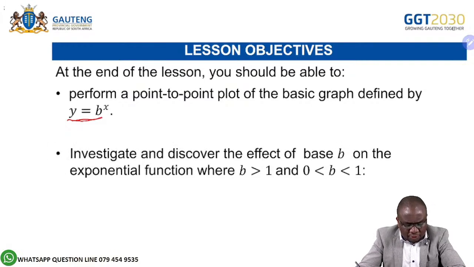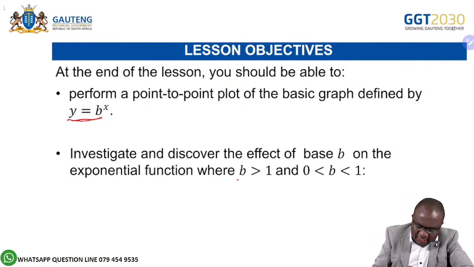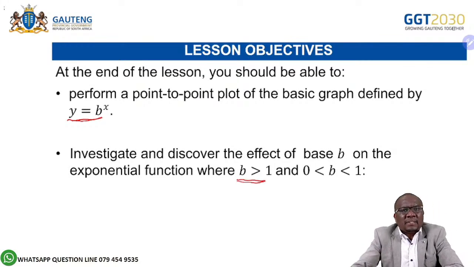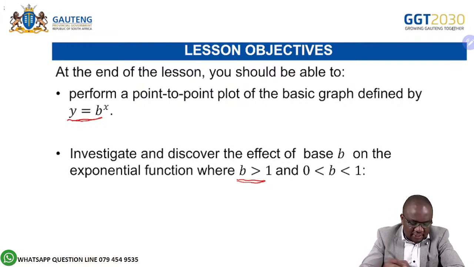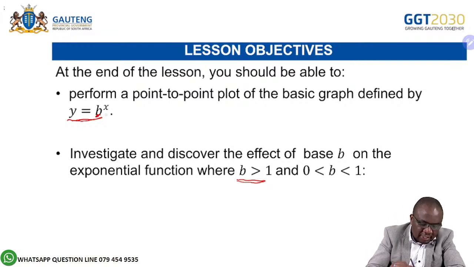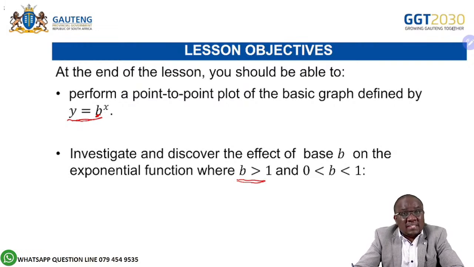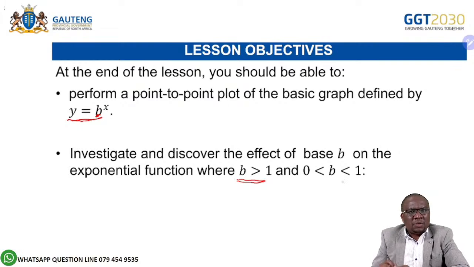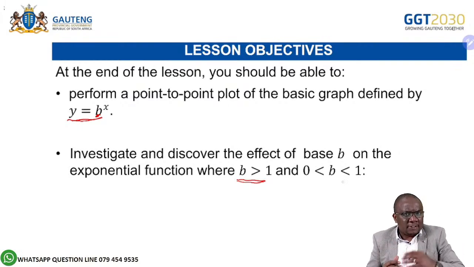Right, and then we're going to investigate the effect of the base b on the exponential function where b is greater than 0. Okay, when the base, this is the base, remember exponents, b is the base. When the base is greater than 1, or when the base is between 0 and 1, when it's a proper fraction, like 1 over 2, 2 over 3, that's a proper fraction.